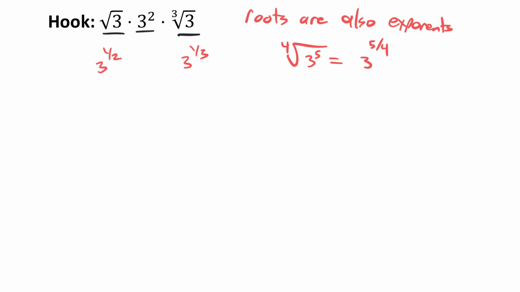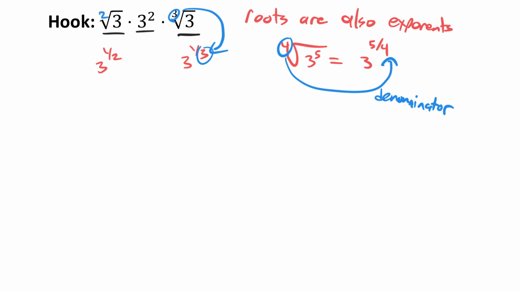The rule for roots is that whatever number is here on the root becomes the denominator. It's sometimes easier on a cube root because that 3 becomes the denominator. The tricky thing sometimes is a square root, because a square root sort of has an invisible 2 right here. We don't write the 2, but the square root is technically like the second root, right?